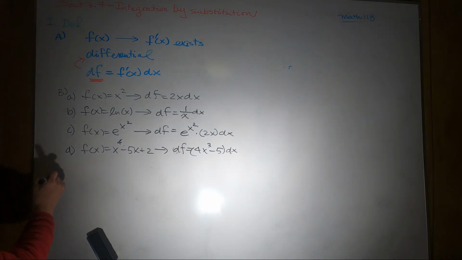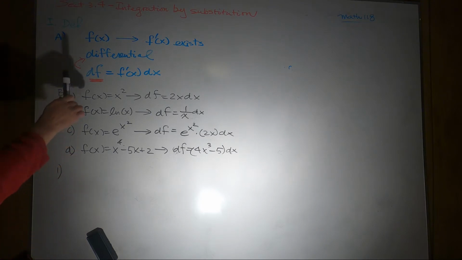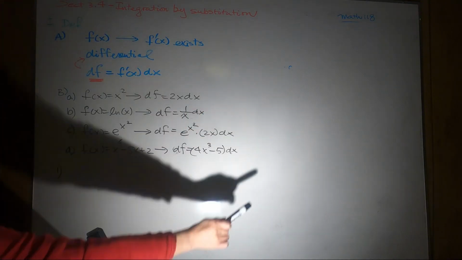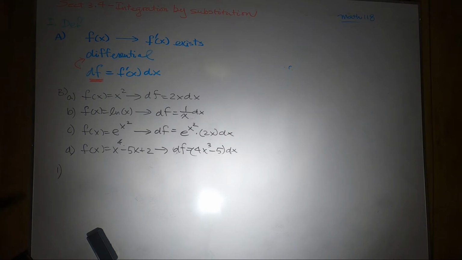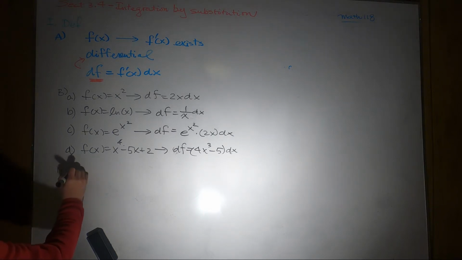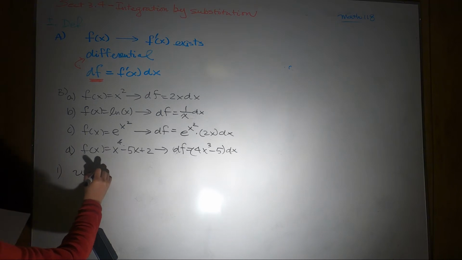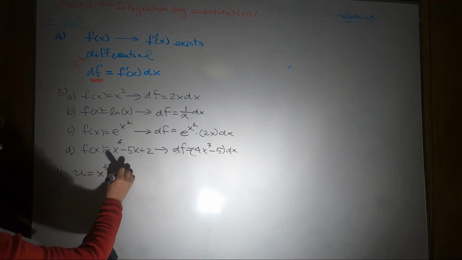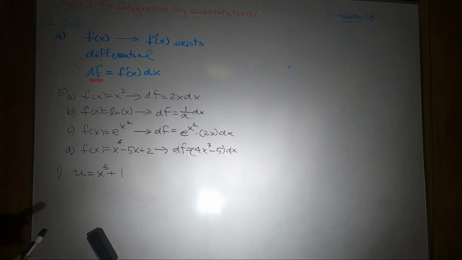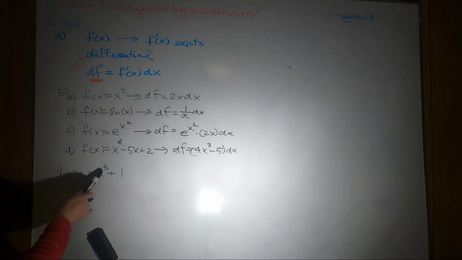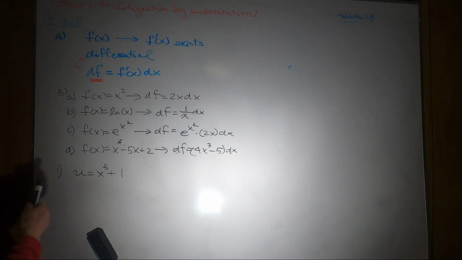Eventually, what we want to do is integration by substitution. We are going to substitute something with something. So we practice this: if u is x cubed plus 1, I'm going to substitute x cubed plus 1 by u later on.